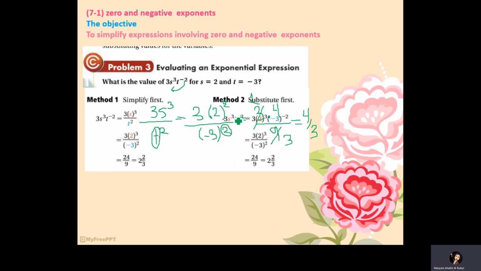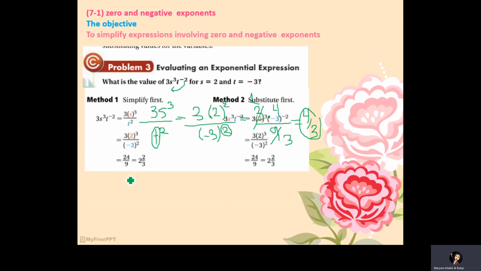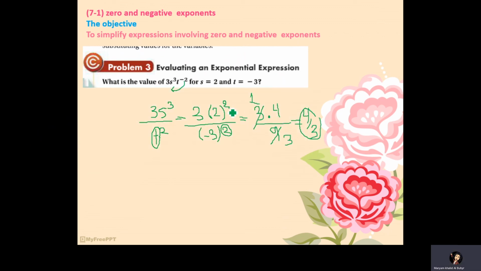I don't want you confused if you find my answer here is different from the book. The book just made this one into, oh, here is negative, there is a power here, so that's 8.